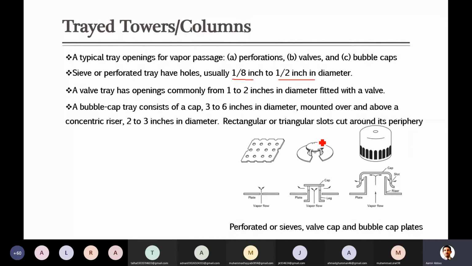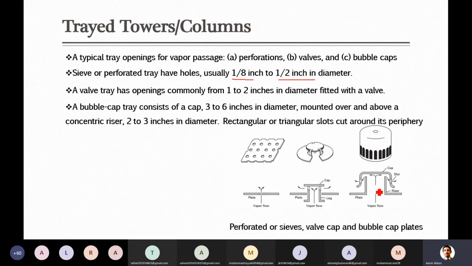And the third one is called the bubble cap tray. In this kind of tray, there is a plate, and on the surface of that there are some risers. These are called risers, and they are covered with a cap, and by the way, bubble cap trays are fixed.